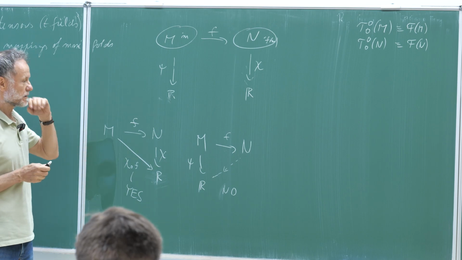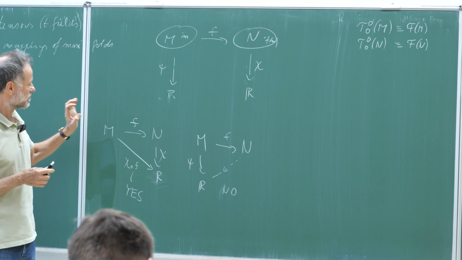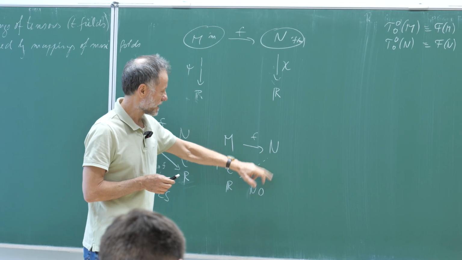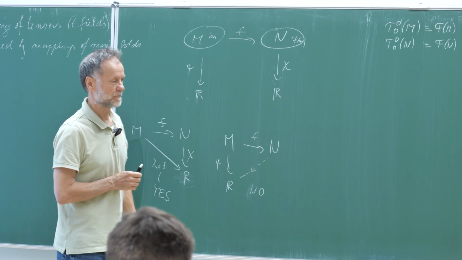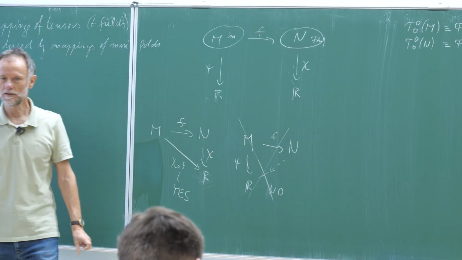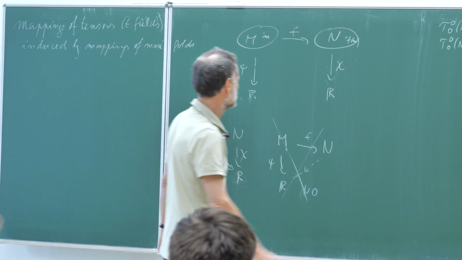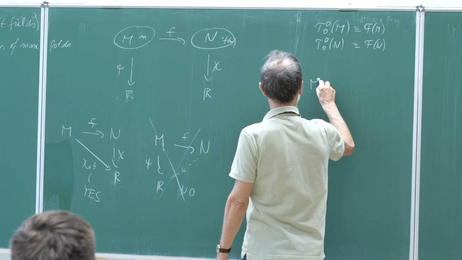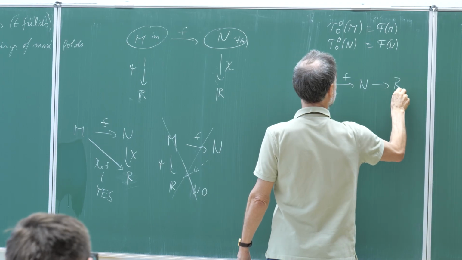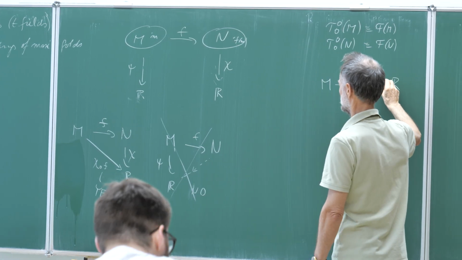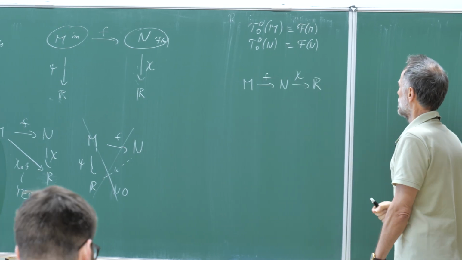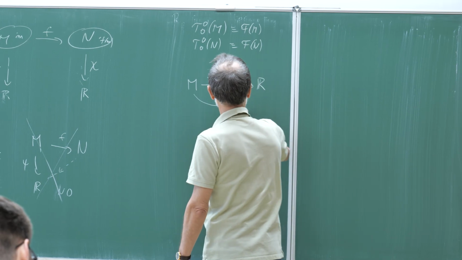So we can induce a function on M from a function on N, but we cannot induce a function on N from a function on M. Yes? So we will simply forget this possibility, it doesn't exist, and write once again the successful possibility, which is just the composition of mappings.